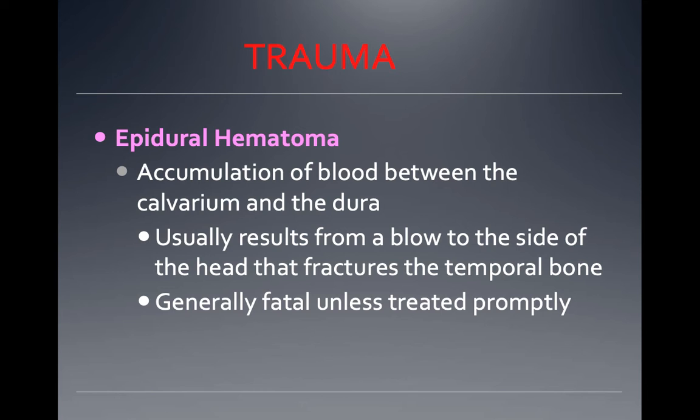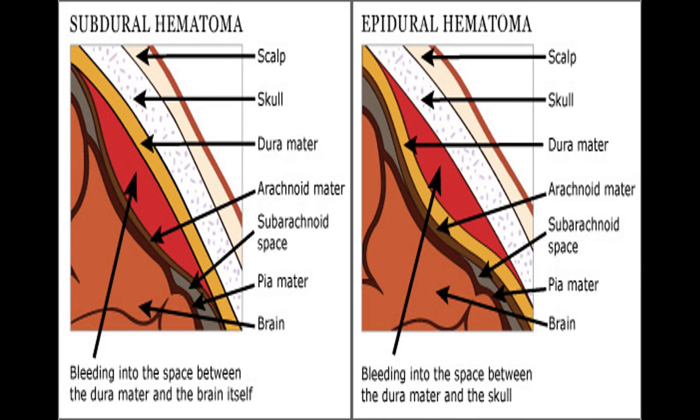That's because even though that blood doesn't touch the brain directly, if that epidural hematoma gets too large, it starts to create pressure on the brain, and that pressure, as we've talked about before, can cause herniation of the brain, or it can just cause trauma to the brain in that neurons die, and you aren't going to survive that.